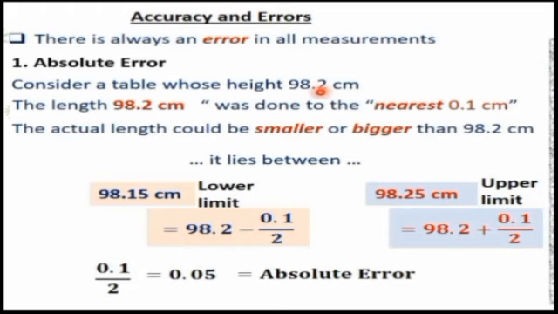To get the lower limit, we subtract 0.05 from the measured value, hence 98.2 is the measured value minus 0.05 would give us 98.15 as the lower limit, and to get the upper limit we simply add the absolute error. Therefore 98.2 plus 0.05 gives us the upper limit.